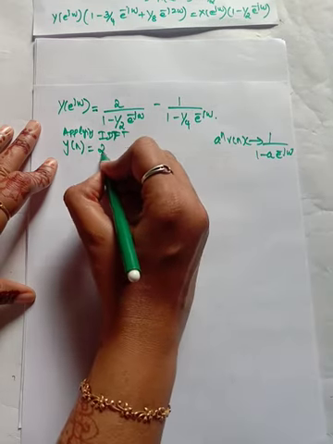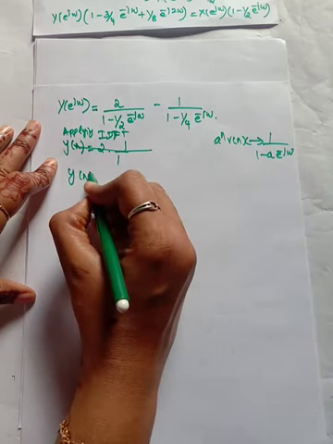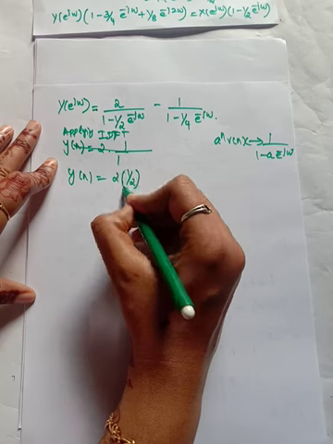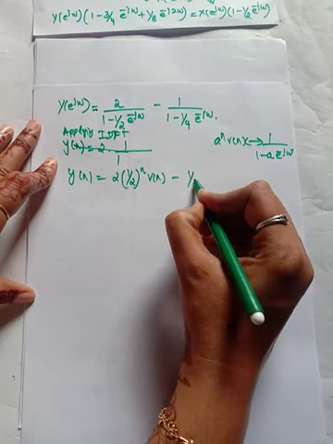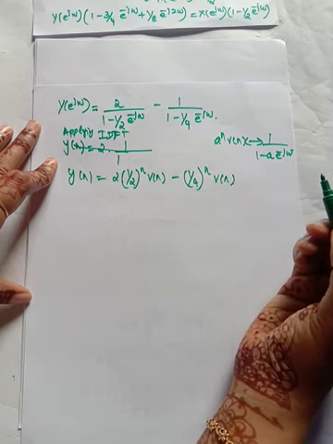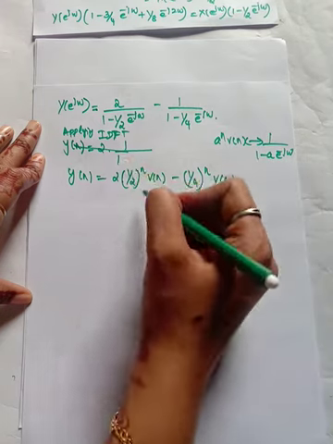So applying this, y of n is equal to 2 into (1 by 2) the whole power n into u of n minus (1 by 4) the whole power n into u of n. So this is the formula I'm using in order to obtain the result.